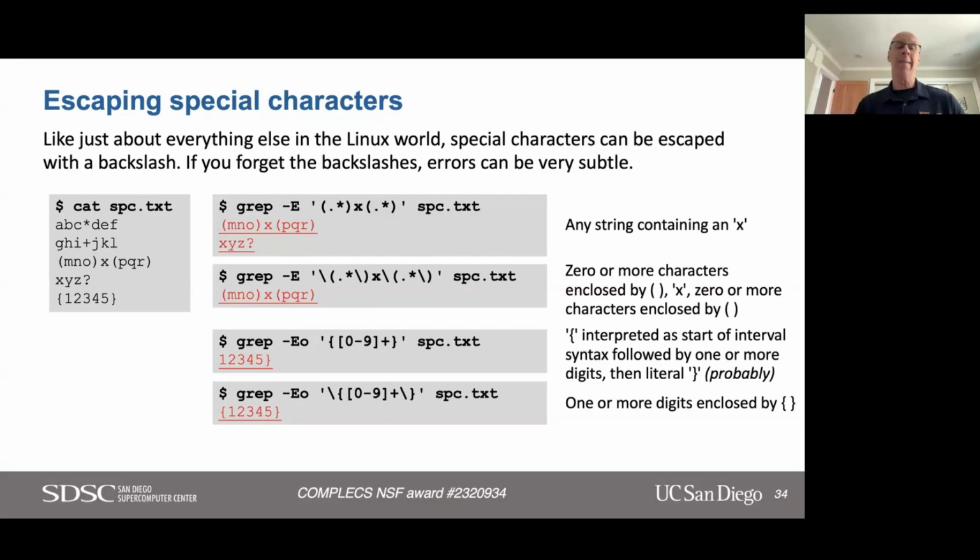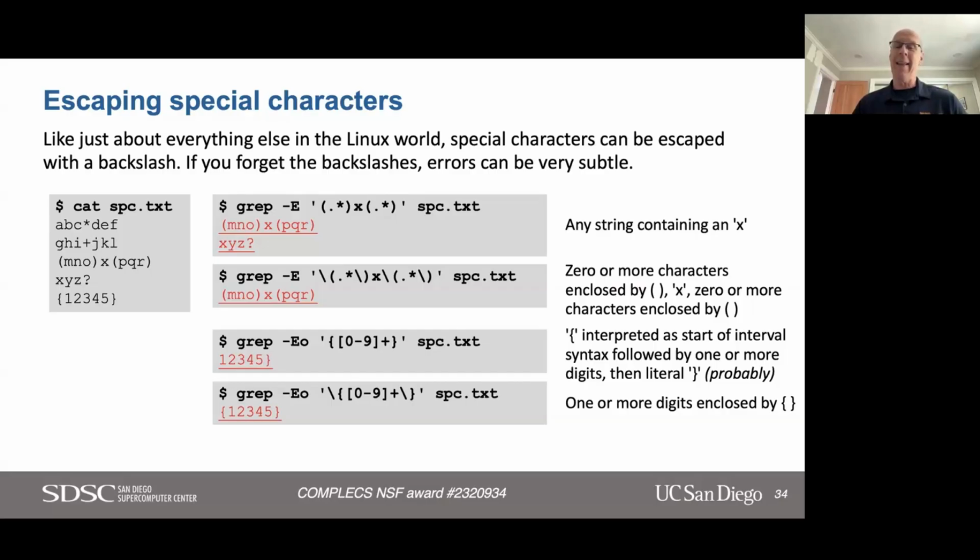If we use those backslashes in front of the parentheses, now those are going to be treated as literal parentheses, and we're going to get the match that we expected. In the next two examples, let's say we wanted a string of digits enclosed by curly braces. Here again, we need to use the backslash in front of those curly braces.